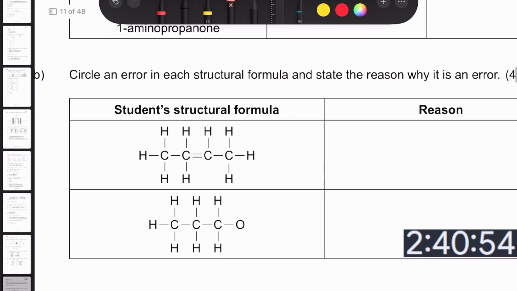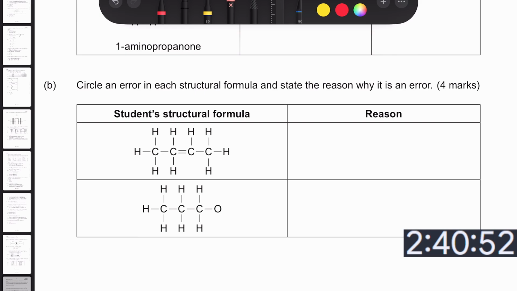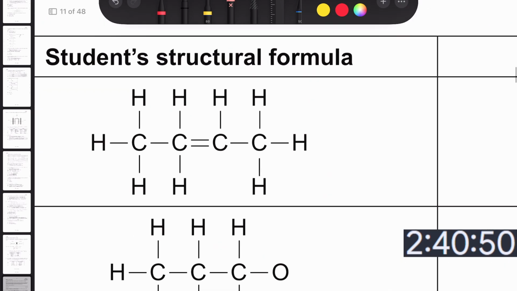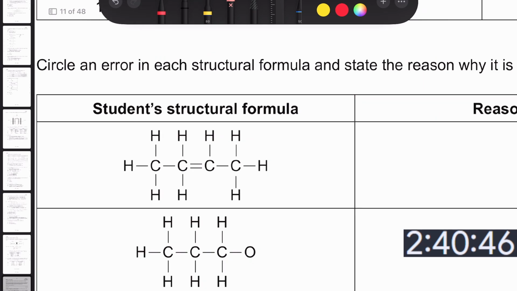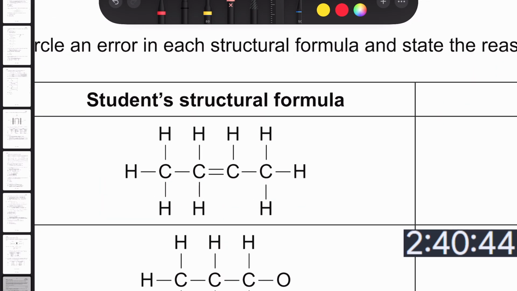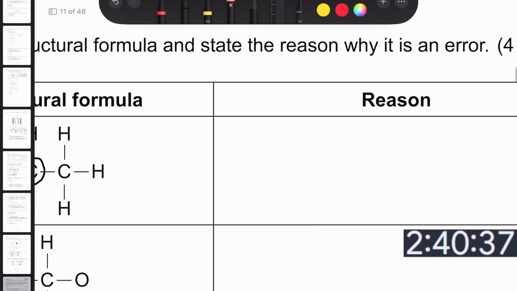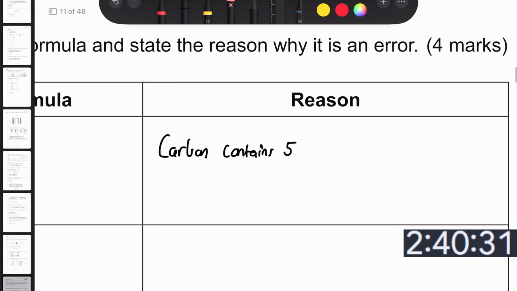Circle an error in each structural formula and state the reason why it is an error. How are you going to circle this? Yeah, circle like that. Carbon contains 5 bonds, which is not possible.